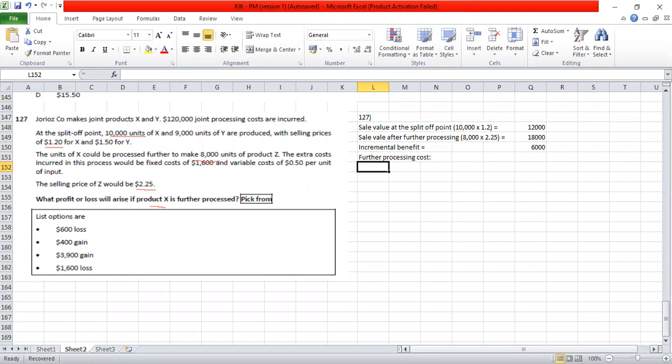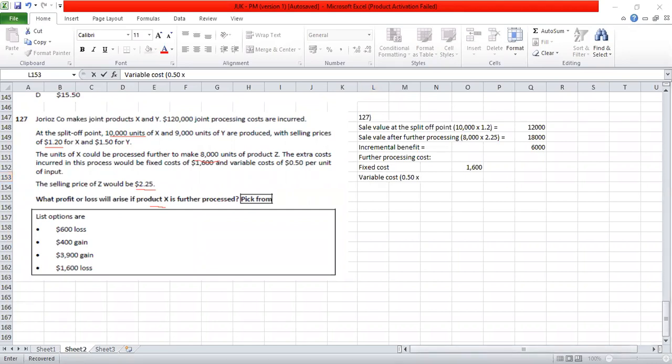One is fixed cost, let's write it here, 1,600. Then they also have variable cost. Variable cost is incurred at the rate of 0.50 per unit of the input.